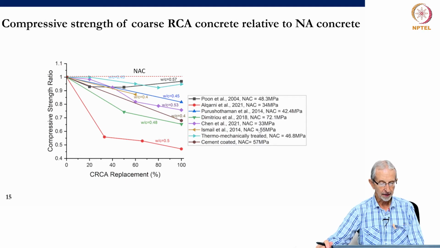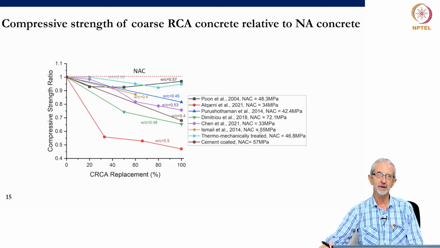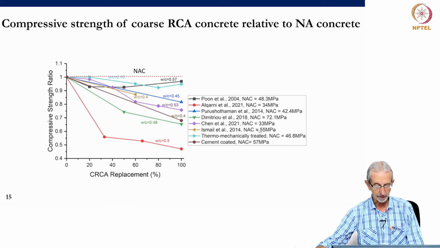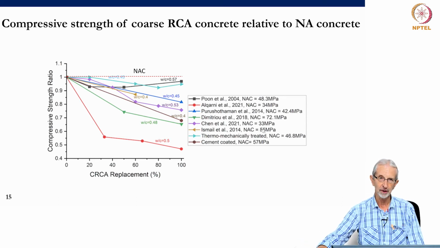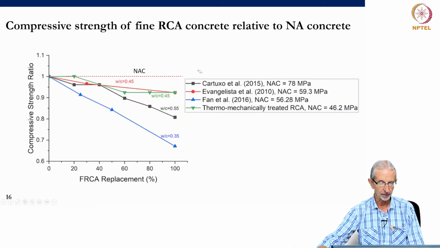On the other hand, there are others that, even independent of the water-cement ratio, and you can see here the water-cement ratios are all over the place, may not give us what we want, but may still be fit for purpose for low-grade applications. So for example, concrete bricks or blocks, there may be no problem with using them in those lower-grade applications. Depends entirely on what we want to use the material for.